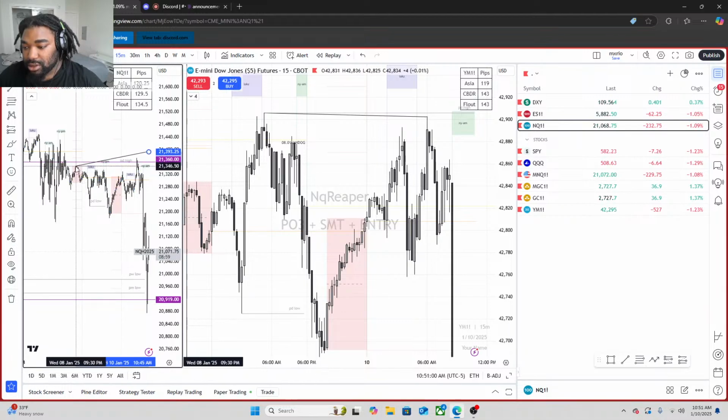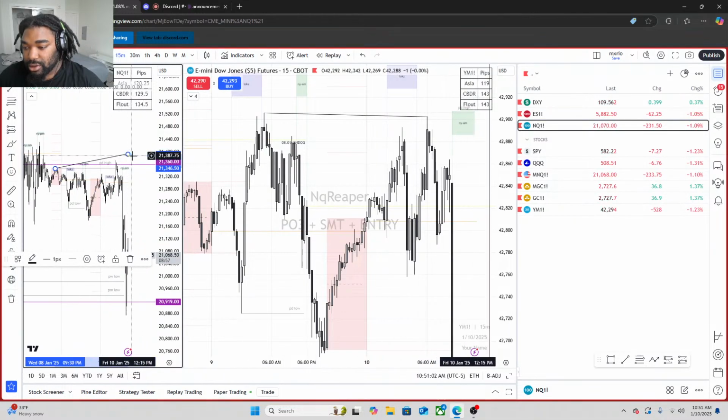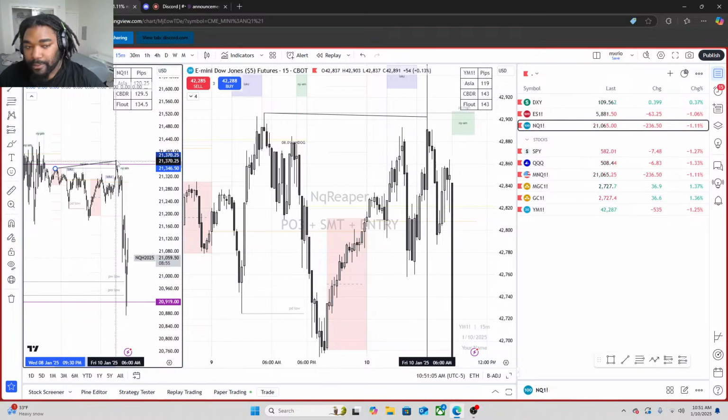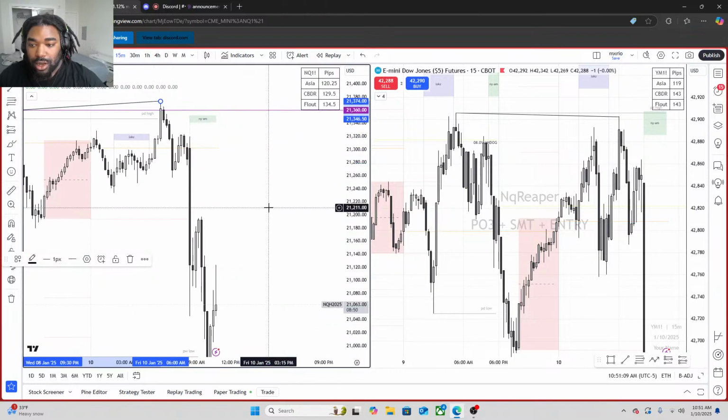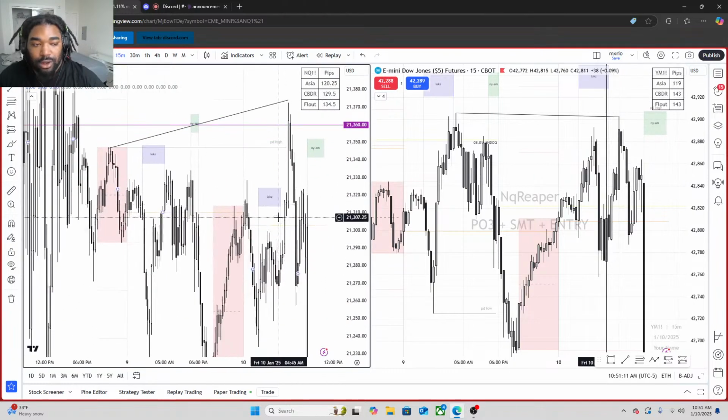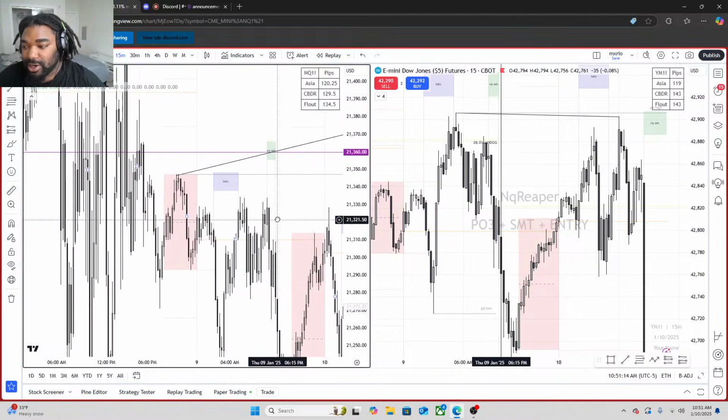So we will take this, go from here to here, close that, make it bigger. All right, so y'all can see we got SMT between the two correlated assets, right?